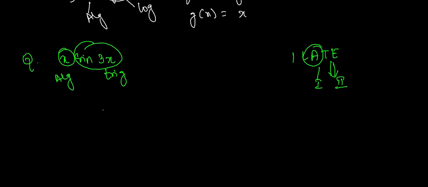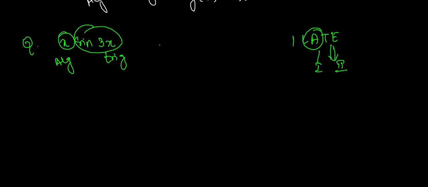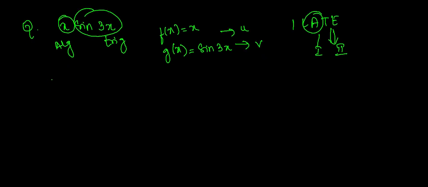So in this case, we take f of x is equal to x and g of x is equal to sine 3x. Consider this to be u and this to be v.